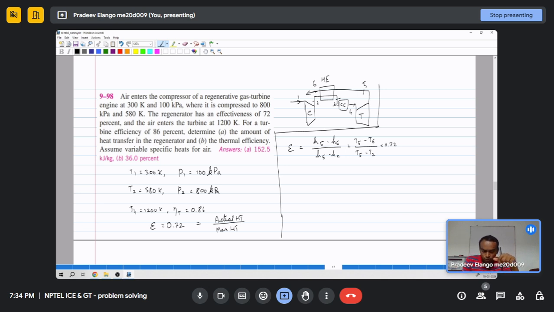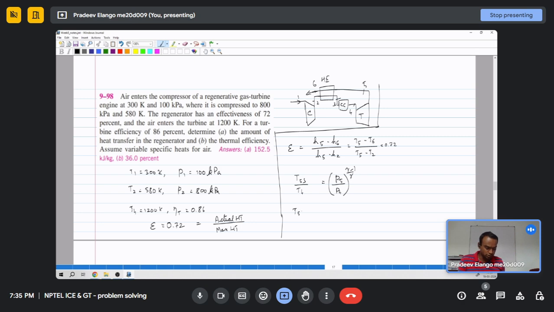Now we know T4 is 1200 Kelvin, and we know the pressure ratios, that is 100 and 800 kilopascals. Based on these two, we can find the isentropic T5s. So T5s by T4 is equal to P5 by P4 whole power gamma minus 1 by gamma.